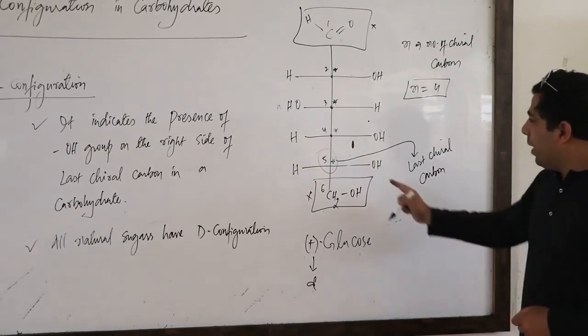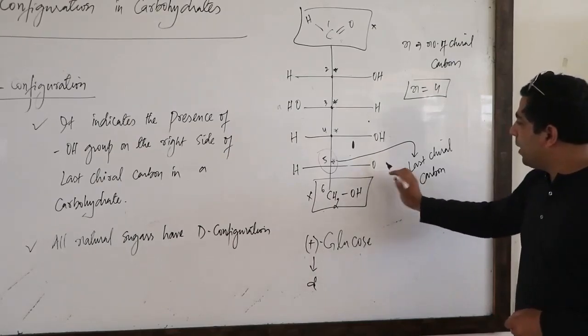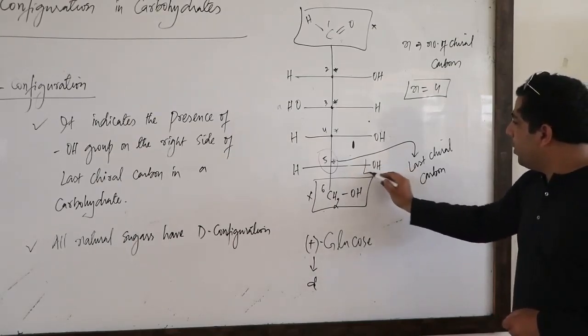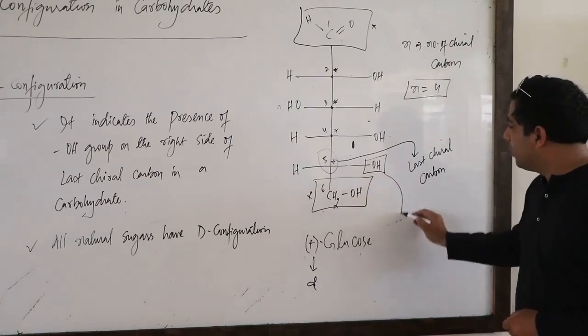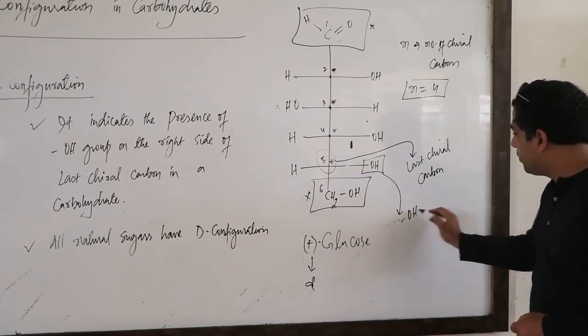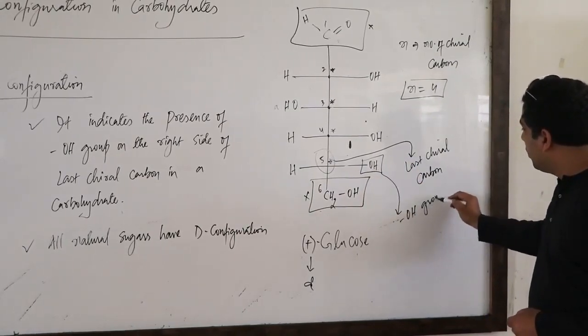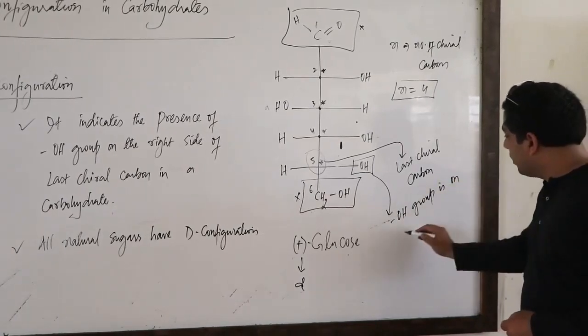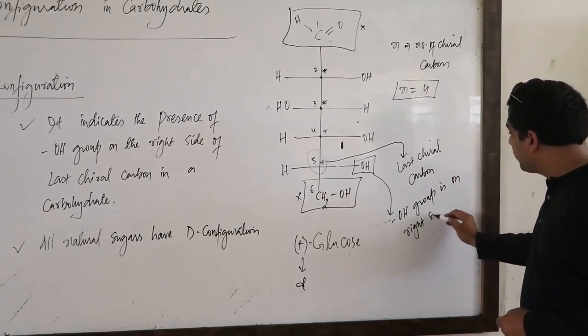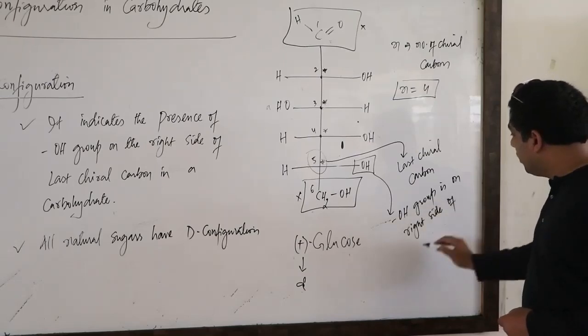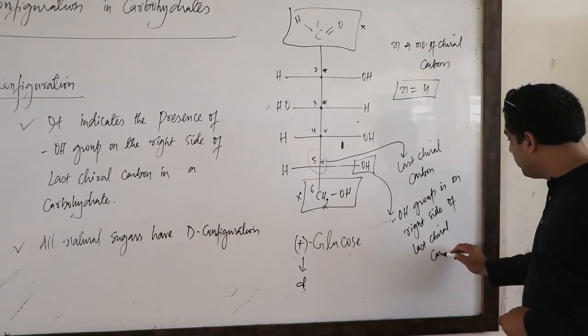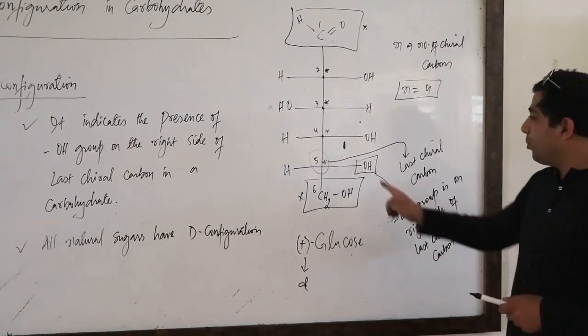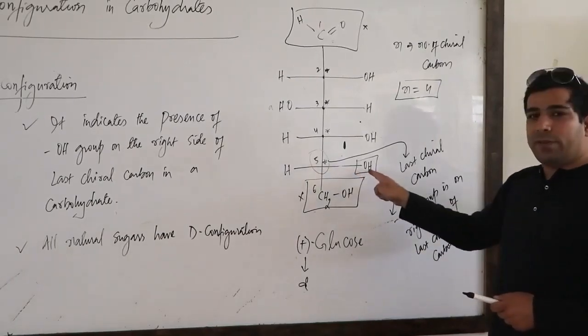Okay? What is the OH group on the last chiral carbon? Look here at the OH group. OH group is on the right side of the last chiral carbon.